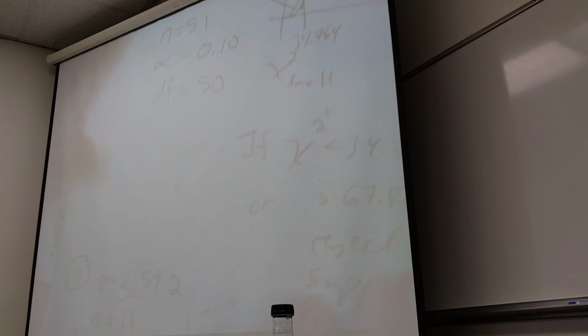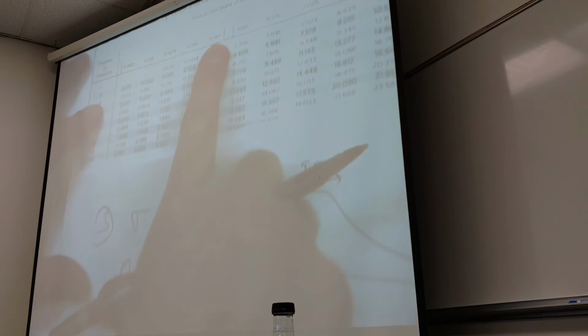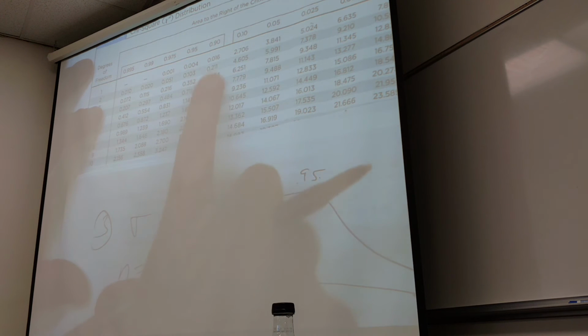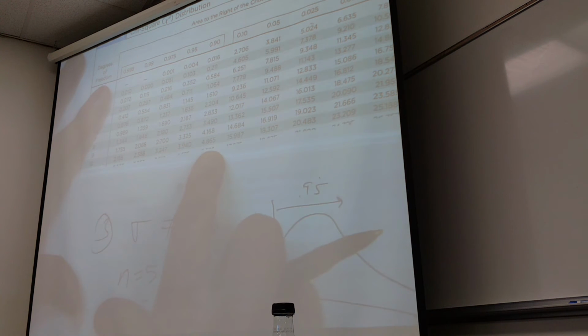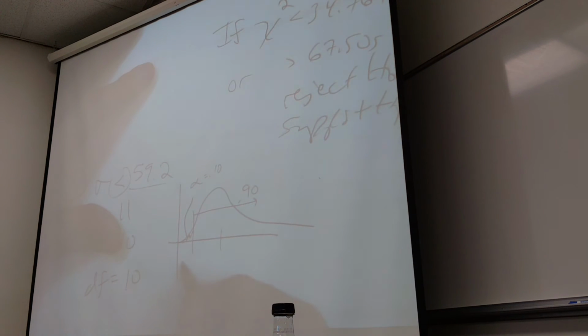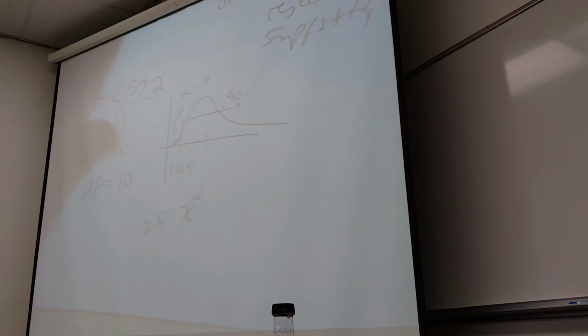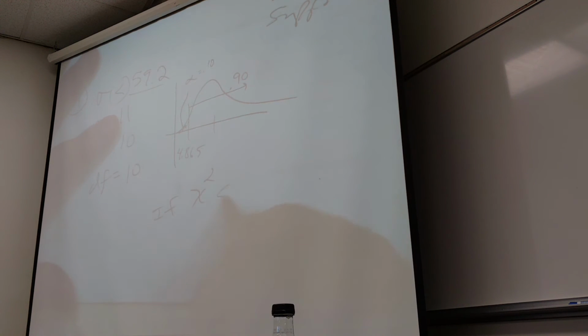So I go to 0.90, stop at 10, 4.865. So if chi-square is less than 4.865, reject the null, support the alternative.